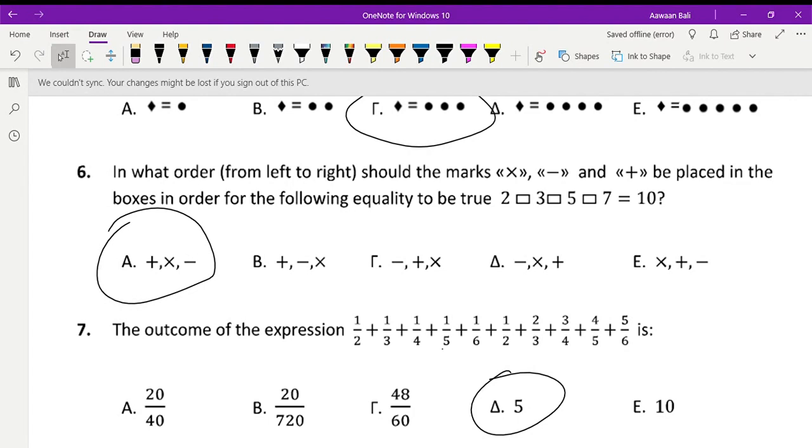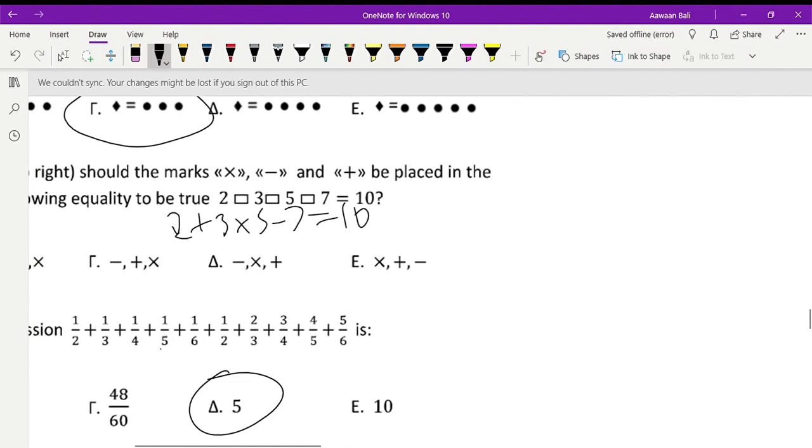Now, normally we have to just substitute because we don't have any hints or anything, or you could just work it out by yourself. The answer is alpha because when we have 2 plus 3 times 5 minus 7 is equal to 10. First thing we do is multiplication. So 2 plus 15 minus 7 is equal to 10.